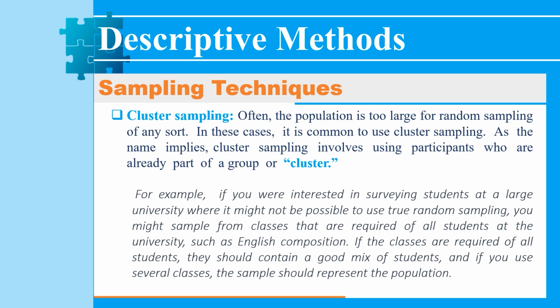And if the classes require several students, they should contain a good mix of students. And if you use several classes, the sample should represent the population. This is cluster sampling.